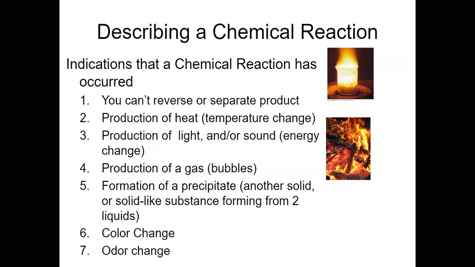Precipitate is going to be very important to us. We looked at some of our specific types of reactions, and we have a whole lesson on dealing with the precipitate. And then, of course, like I said, the colors and the odors. So that's kind of the basis of our indicators in the beginning part of having a chemical reaction.